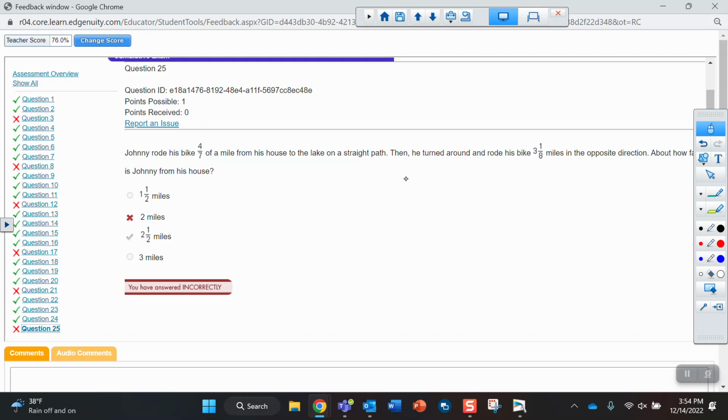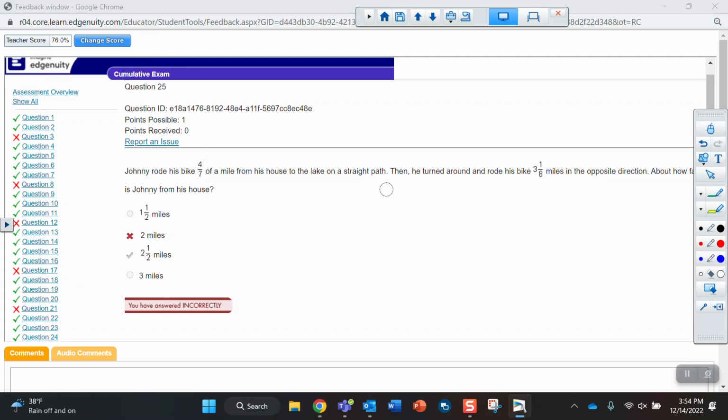So if we look at a number line, there's 0. So first he goes 4/7 in this direction. So this is not going to be to scale. It's just to kind of show where we're at and what we're going to do with these numbers. Then it says he turned around and rode it in the exact opposite direction.